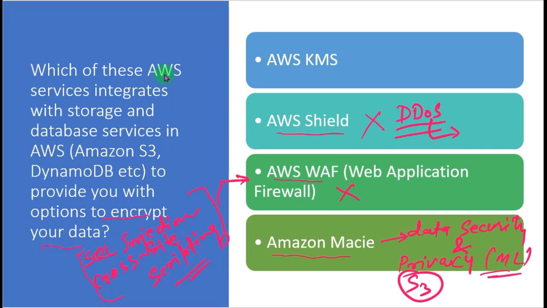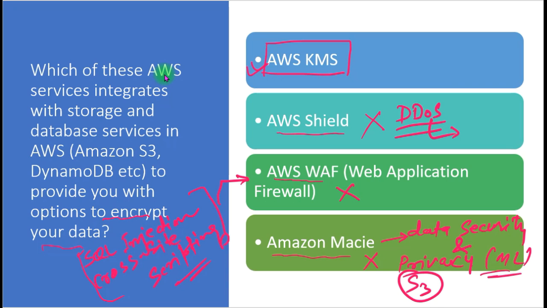We normally use it when we migrate data to AWS using S3. So in this case I don't think it is best suited, so we will not go with this option. We will go with this option because it is the key management system for AWS, and this is the right choice for this question.